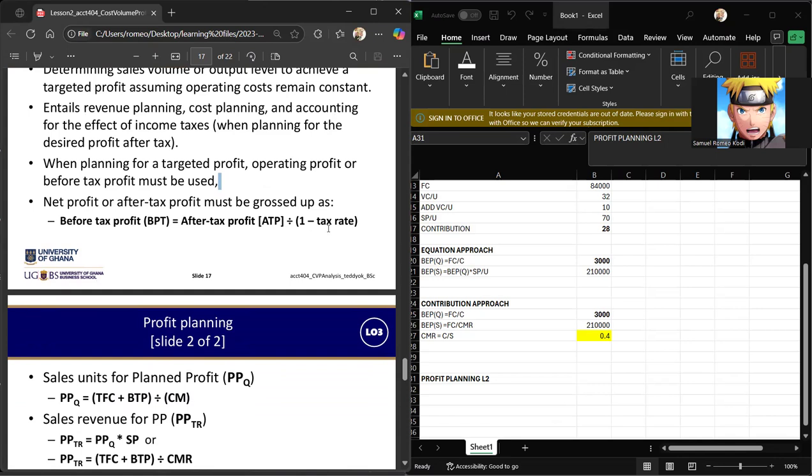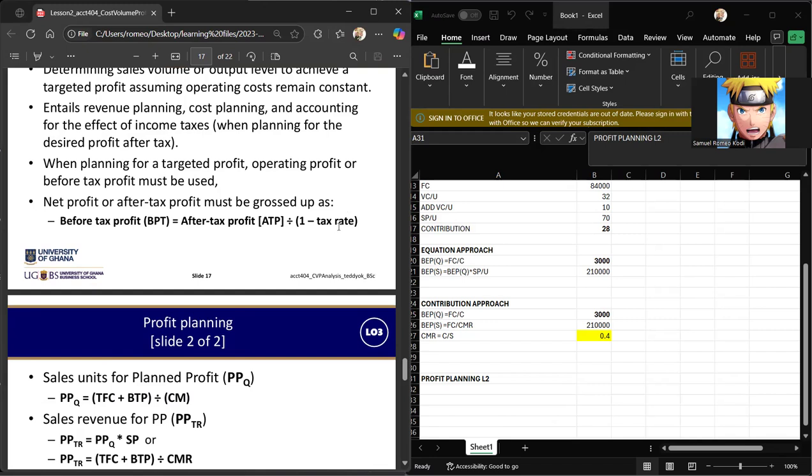Assuming they give you a net profit or a profit in the question, and they didn't tell you that this is profit after tax, but in the question you see a tax percent, that means it's a profit after tax.